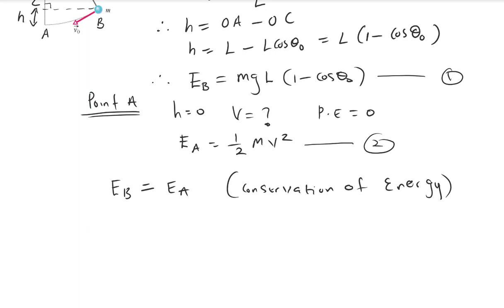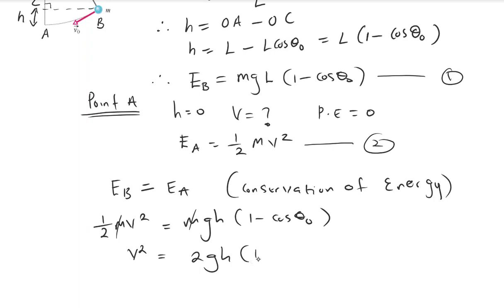So we have one half mv squared is equal to mgL times 1 minus cosine theta naught. Now m cancels m. We can multiply both sides by 2, so v squared is equal to 2gL times 1 minus cosine theta naught.